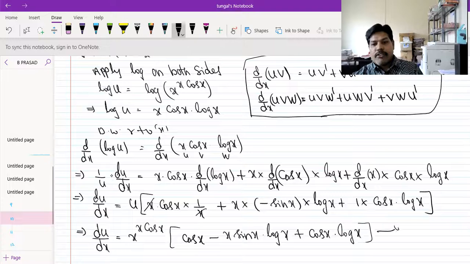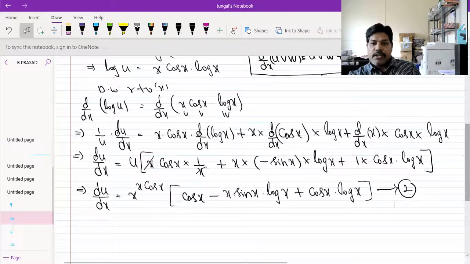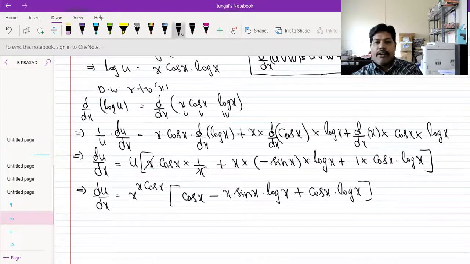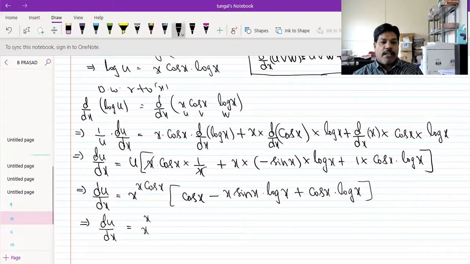Take this as equation number 2. Then I will write one more step here, students. So du by dx is equal to x power x cos x from the first term, cos x, and cos x log x.